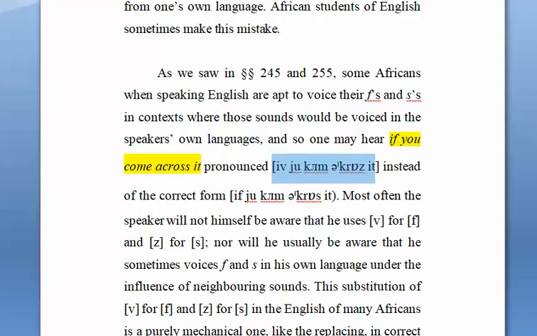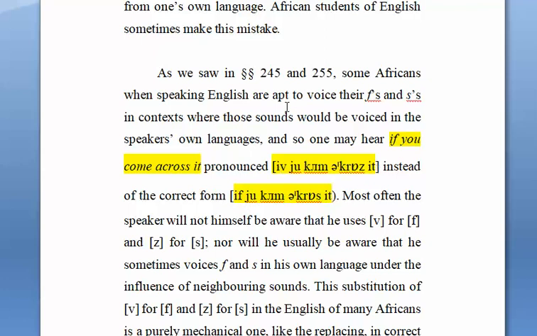If you come across it. And instead of the correct form, if you come across it. So what happens here? Instead of saying "if you come across it", we say "ivyou come across it".